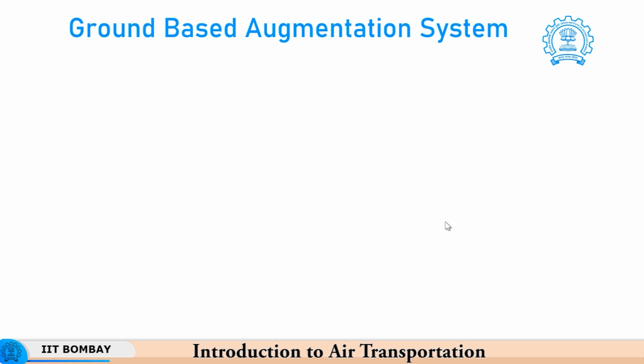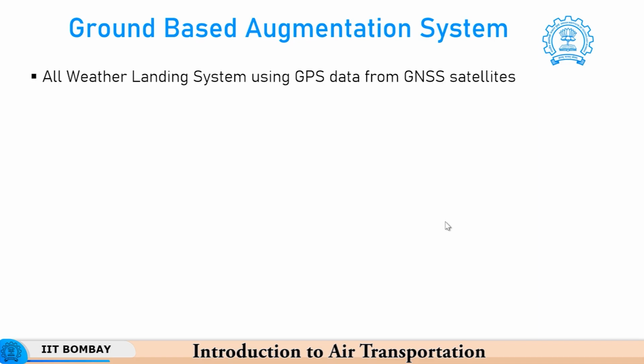And then finally, these days we are looking at what is called as a ground based augmentation system, or GBAS. GBAS is an all weather landing system which uses GPS data from the GNSS satellites, and these signals, they have a real time differential correction.